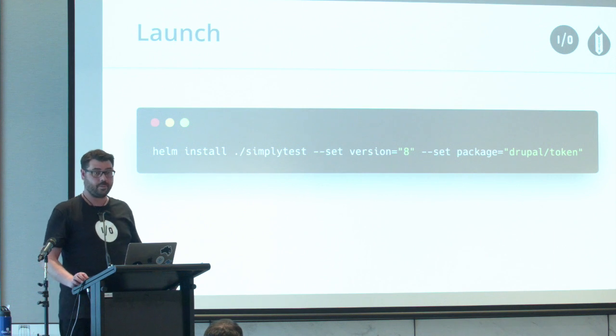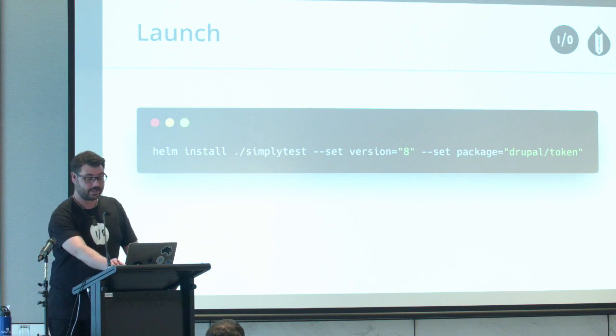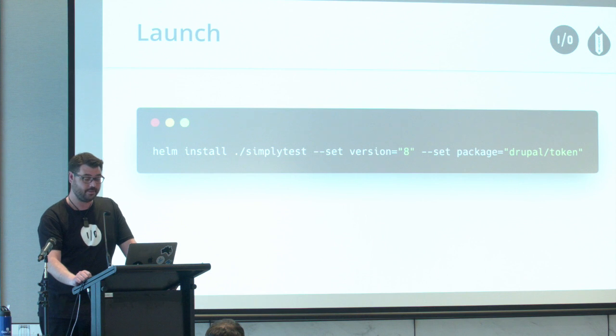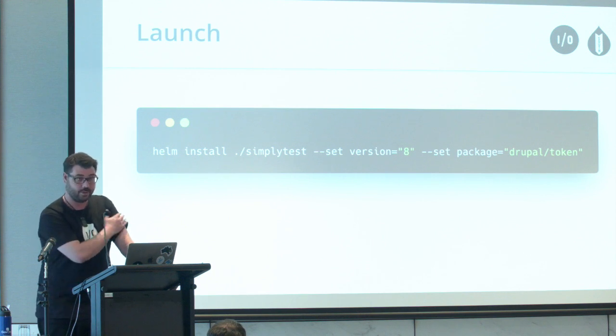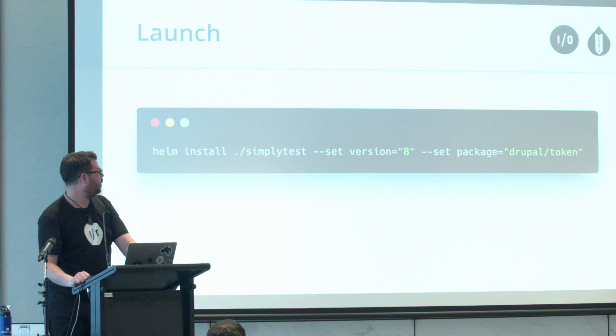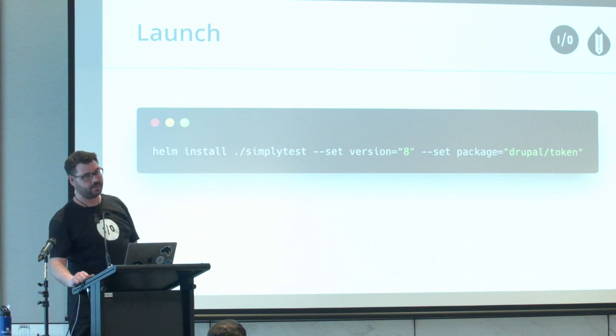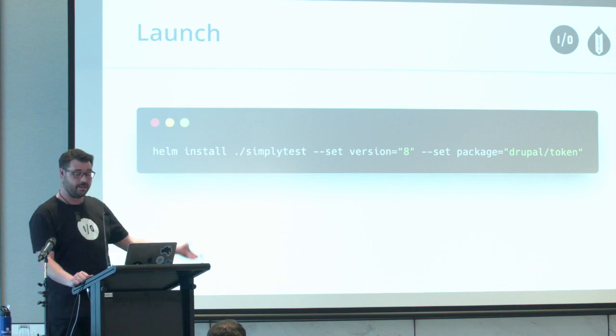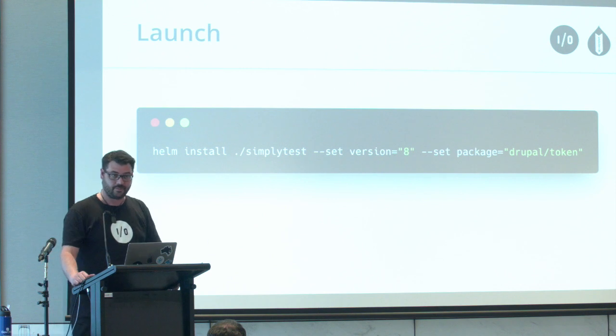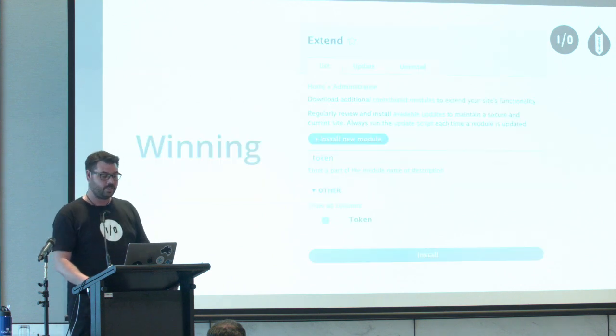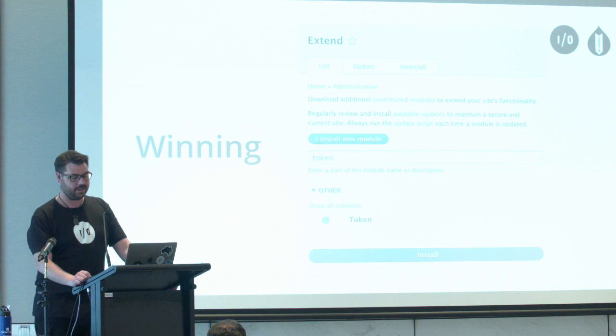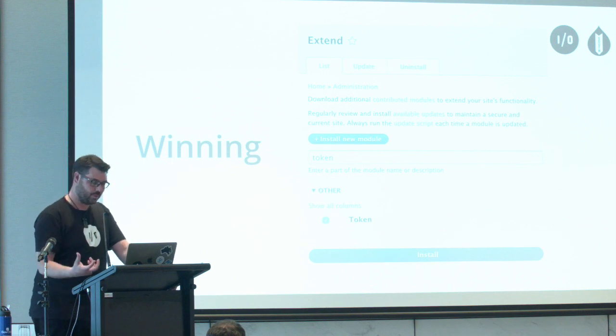So what we end up with is basically a single command that we can run. Just a Helm install pointing to the chart. We can set the version, so here we can set 7 or 8, and then pass in a package. And effectively, by running that command, we should end up with a Drupal site ready to be installed.